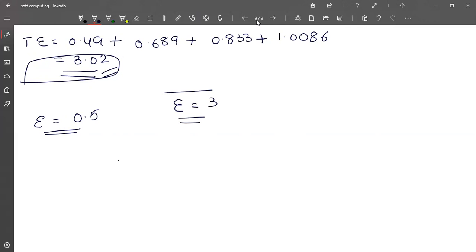But having an error rate of 3 is not at all good. So definitely it should be less than 1. So try to assume an error rate less than 1 and try to perform as many epochs as you can. So this is about the ADALINE network. Thank you.